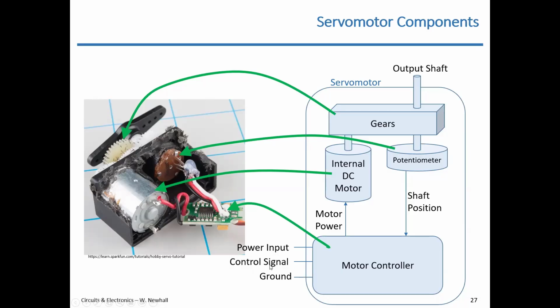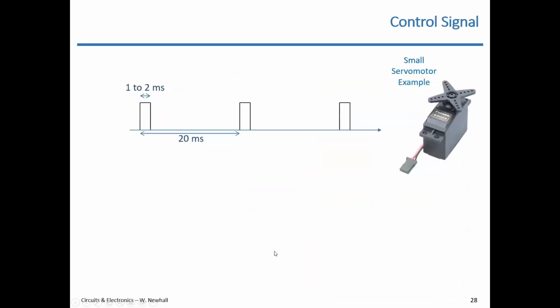Let's talk about this control signal. For simple, small servo motors, this is pretty common. If you create a square wave or a pulse that has a constant frequency, but you vary the pulse width, that is the control signal for the input of a small servo motor.